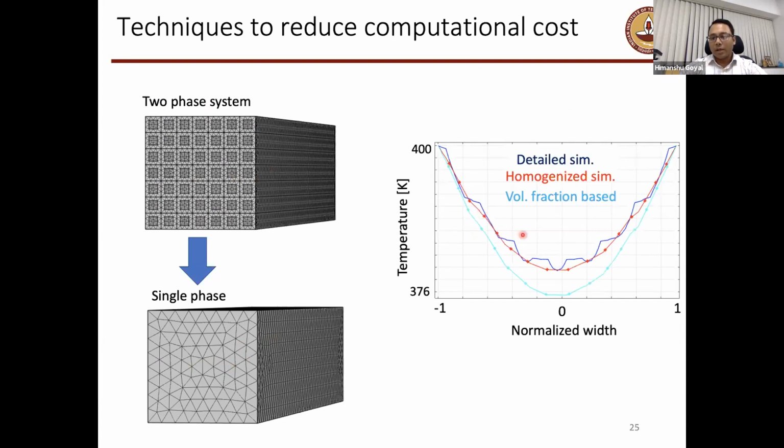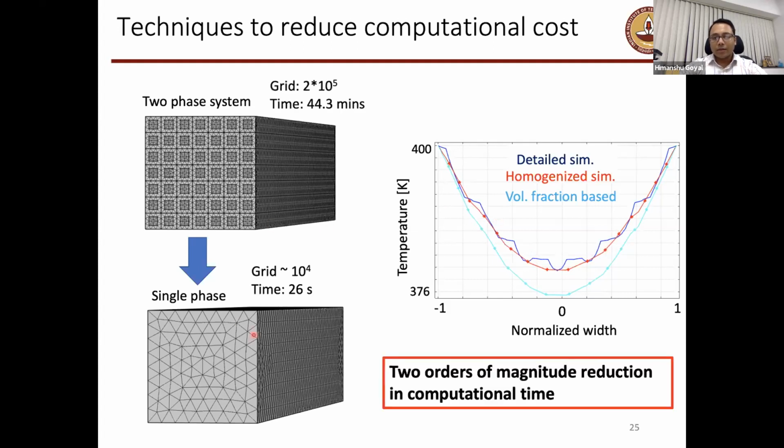The blue line is the temperature profile we obtained from the first simulation, which is the actual monolith. The red line is what we get in a single phase system. We can't capture the fluctuations that happen because we are moving between gas and solid phase, but overall the temperature profiles are very close. So we can get this type of reactor level performance, but at a fraction of the cost.